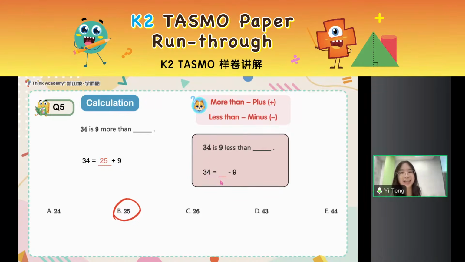Minus 9. So remember, when we write down subtraction, big numbers come first. So minus 9 should come after this number we're looking for. So what is it? It is 43. Yes. So the answer is 43. Very fast. Yeah, I see some answers.